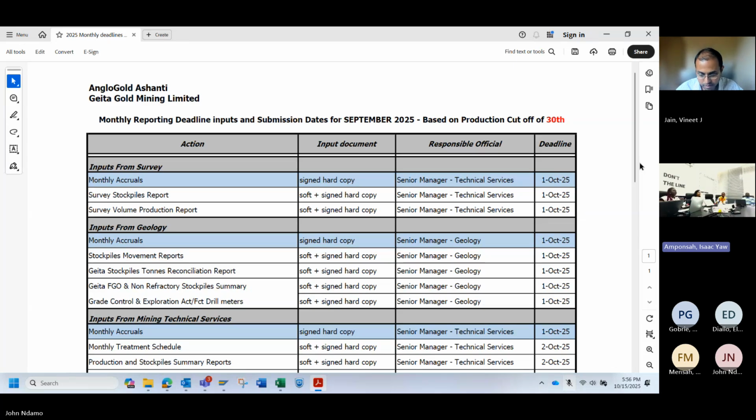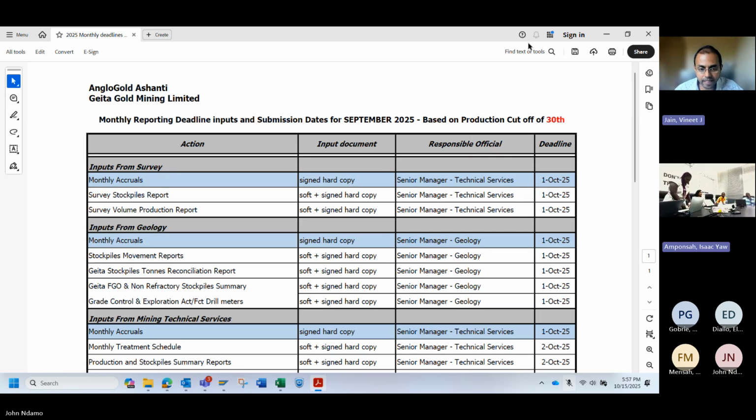So even though there is a deadline, they don't comply. And this is the reason why the part takes much time to be submitted. One of the reasons is this one. So that's why you have to follow up a lot, because by the deadline you have not received the things.